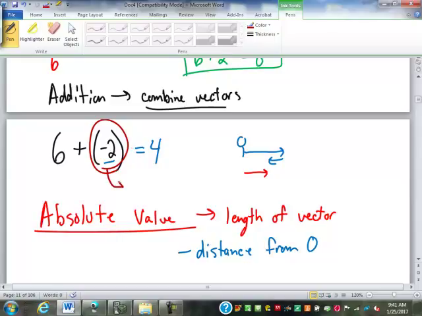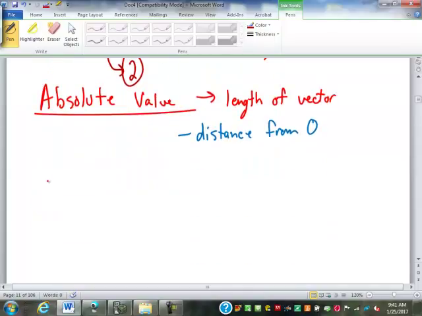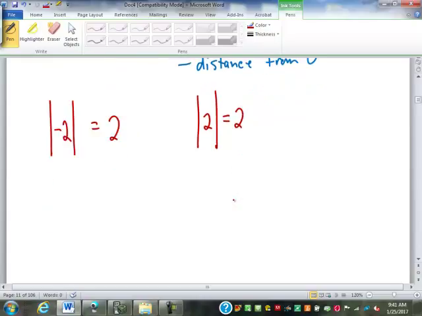It has an absolute value. Its length is 2. The symbol for absolute value is just a double line like that. So the absolute value of negative 2 is what that's asking. That is 2. What would be the absolute value of positive 2? 2. Very good. So what we have here is two numbers, one positive and one negative, that will have the same absolute value because they're the same distance from 0, just opposite sides.